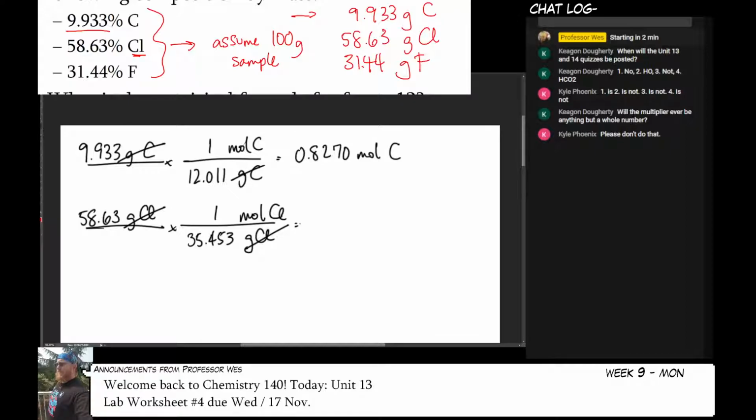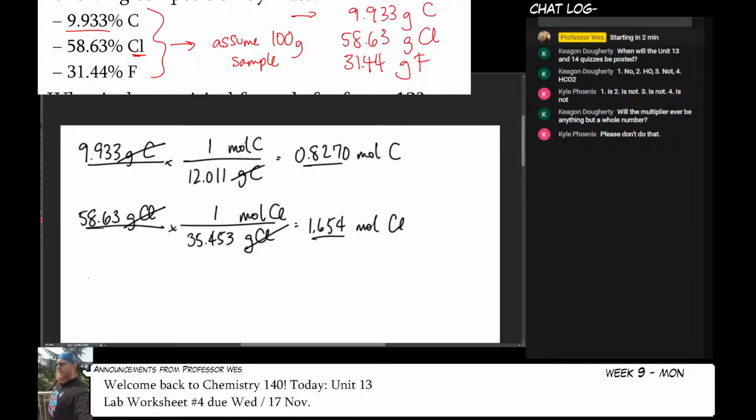And then how many moles are in that sample? 1.654. Do you see a relationship between the number down below and the number up above? So this number and this number. Can you see the relationship there? There is a multiplier between those, and you probably already noticed it.